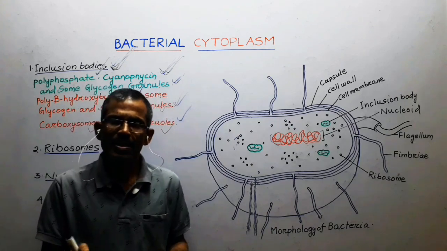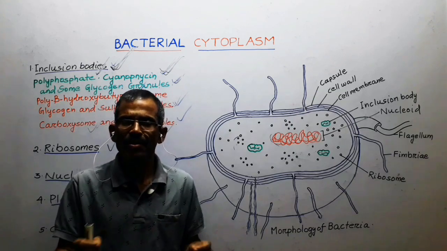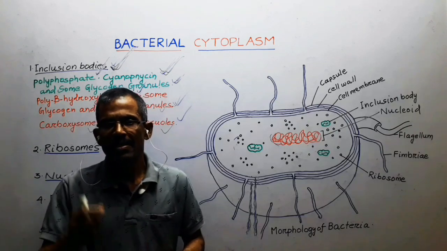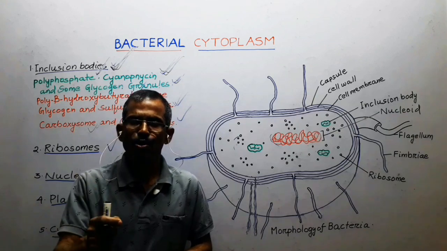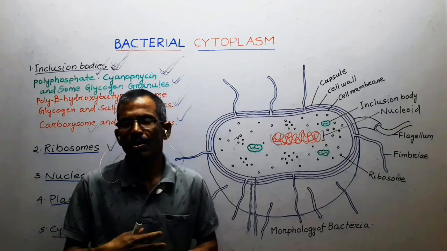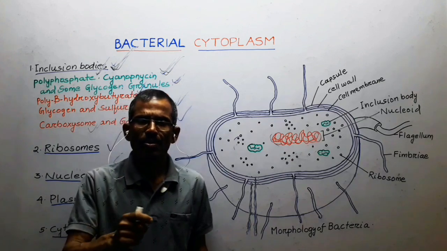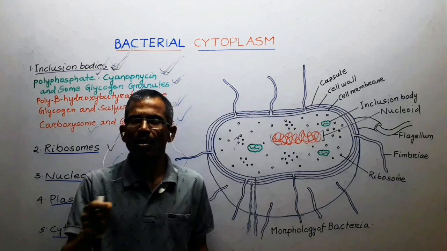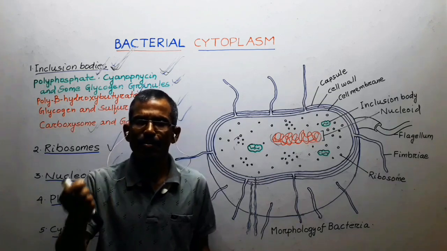The cytoplasmic ribosomes synthesize proteins which are destined to function within the cell, whereas the plasma membrane associated ribosomes synthesize protein for transport to the outside. In bacteria, ribosomes are of the 70S type, which are composed of a 50S and a 30S subunit.